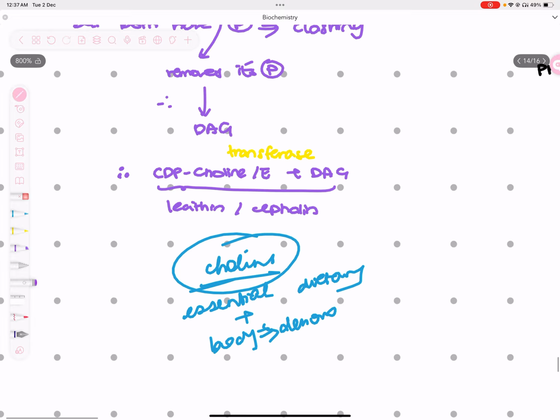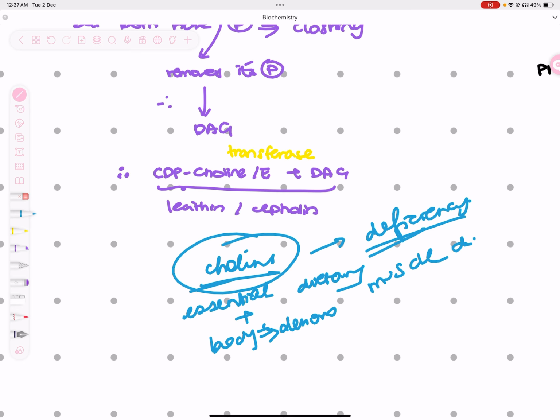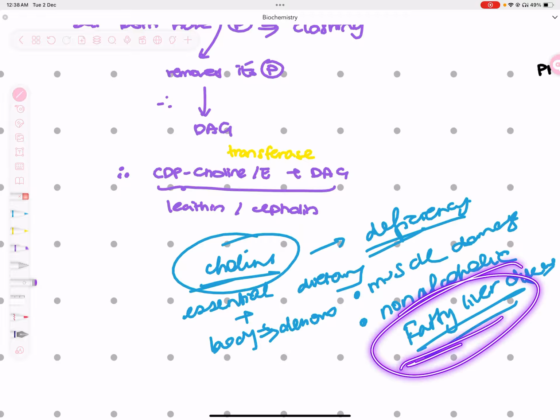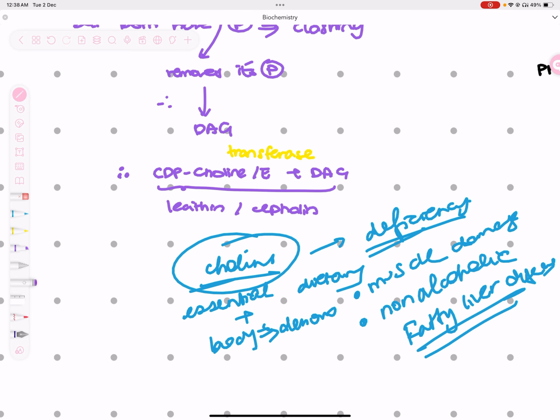So then in order to meet the needs, it's essential for us to even have it in our diet. तो जो choline की जो deficiency है ना, it's pretty rare. इसकी deficiency काफ़ी rare है, इतनी होती नहीं है, लेकिन अगर हो जाए तो muscle damage हो सकता है, और दूसरी very important thing जो कि है non-alcoholic fatty liver disease. अब fatty liver disease, अब normally हमें यही पता है कि alcohol की वजह से fatty liver हो सकता है. So if they ask you what is the other condition जिसमें fatty liver disease हो सकता है without alcohol consumption, so that is choline deficiency.